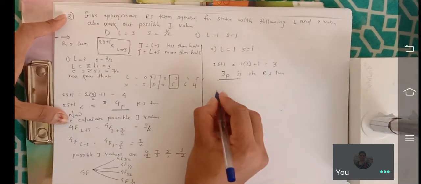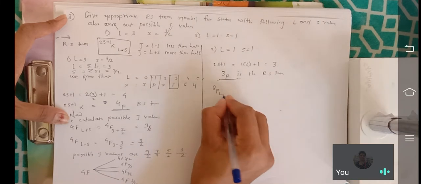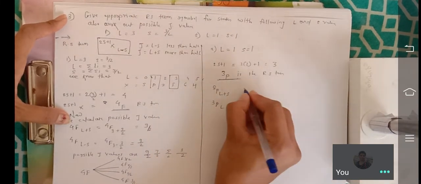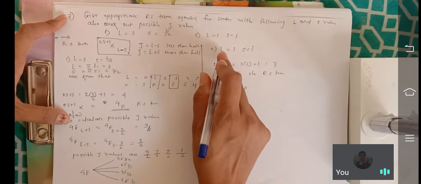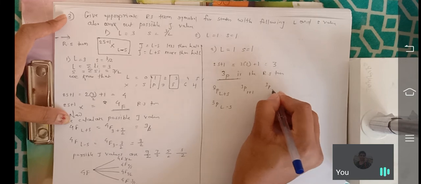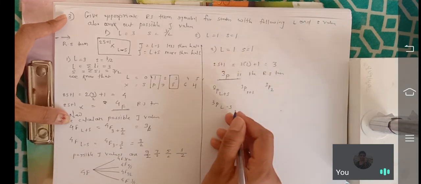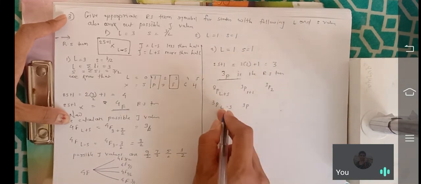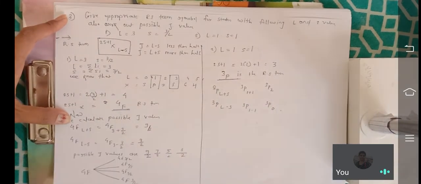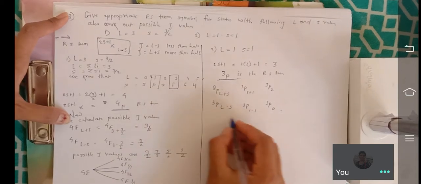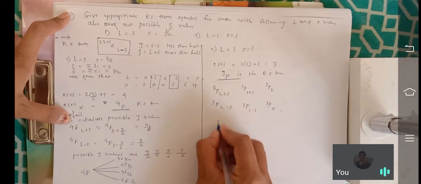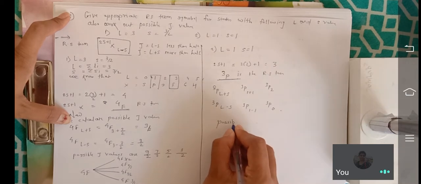Now when triplet P is there, L plus S, triplet P, L minus S. Triplet P, L plus S means what? 1 plus 1. Okay, what is that? Triplet P 2. And when L minus S, triplet P 1 minus 1, that means triplet P 0. Then the triplet term has the possible J values.